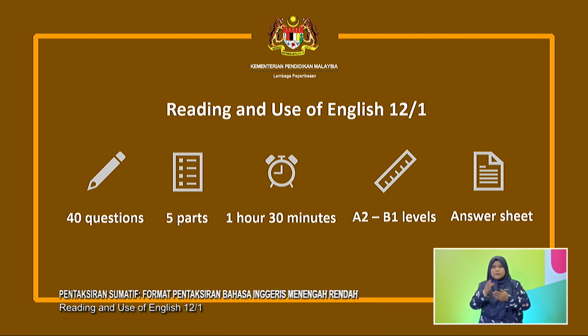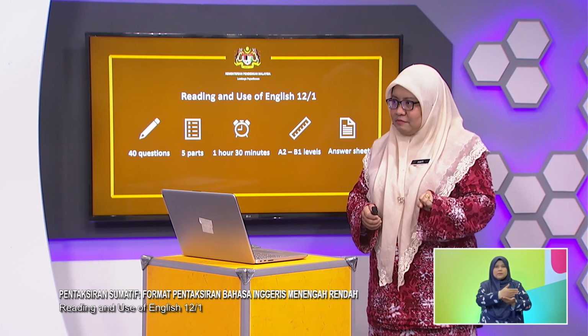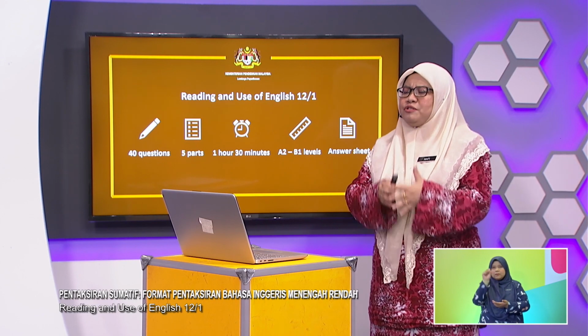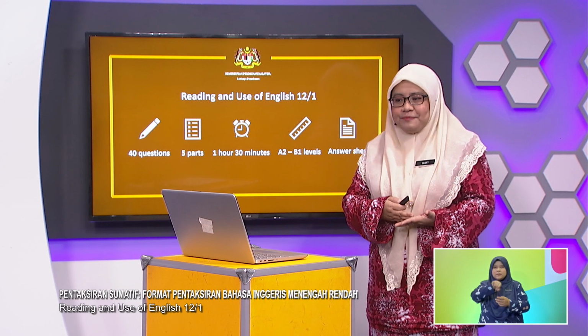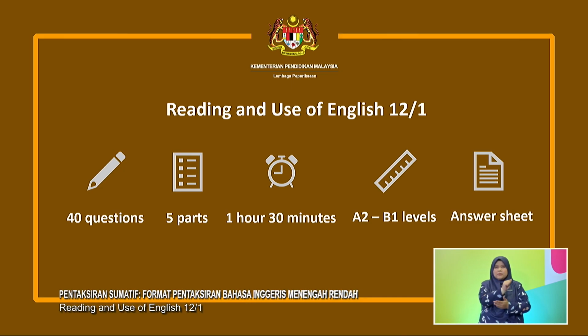All these types of questions are distributed into 5 parts, and they are to be completed within 1 hour and 30 minutes. This test is set to be at A2 to B1 levels of the CEFR, and all questions are going to be answered on the answer sheet. Okay, got it.